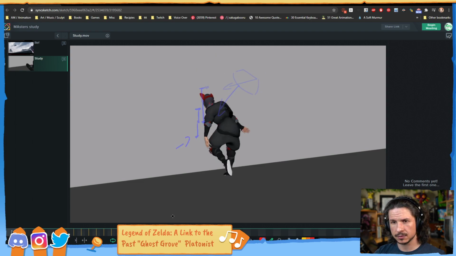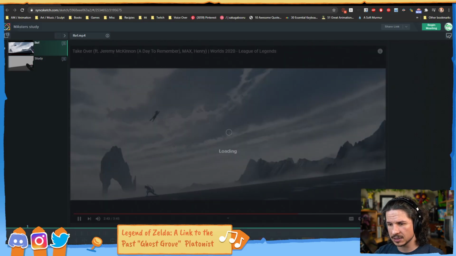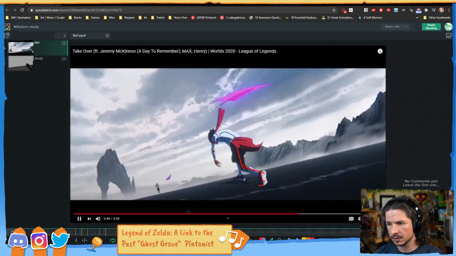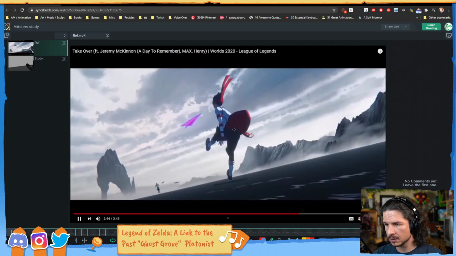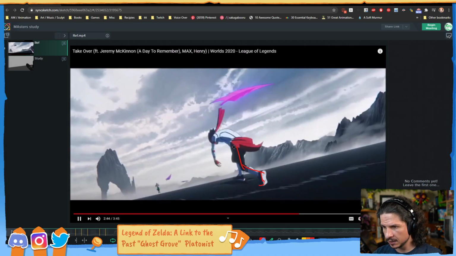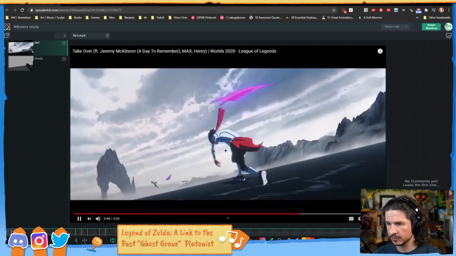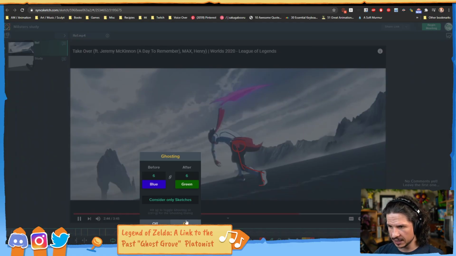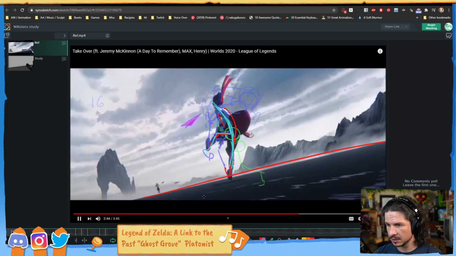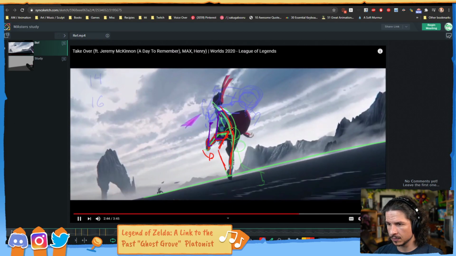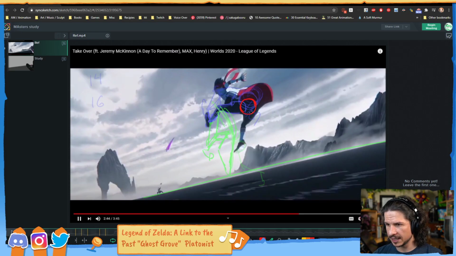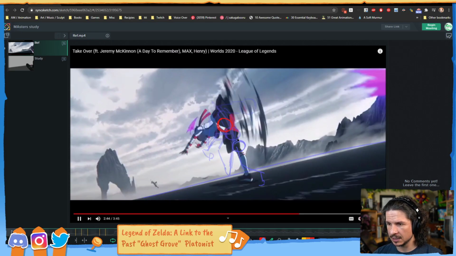Now here, let me double check the reference here. Start there, and back, forward. Okay, this is always a tricky moment. The thing that I'm looking at is the arc of the hips.